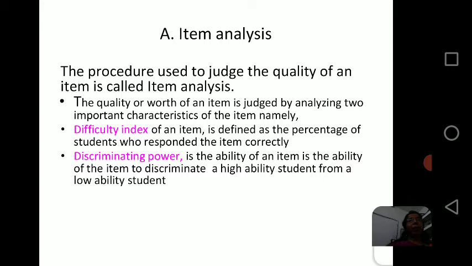That means the ability of the item to discriminate the better student from a lower level student. These two indices are to be calculated, estimated for doing item analysis.